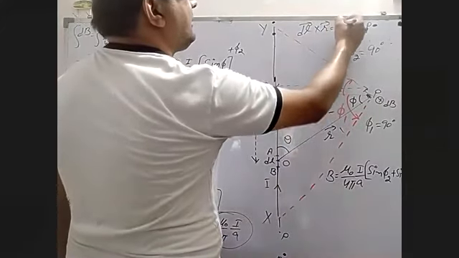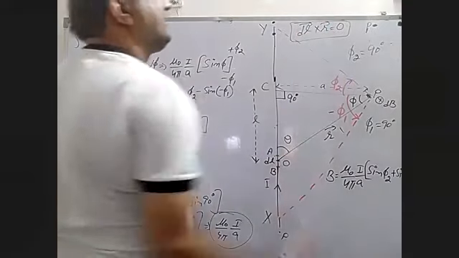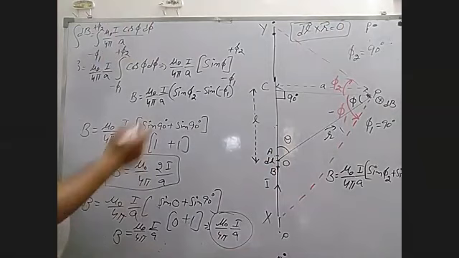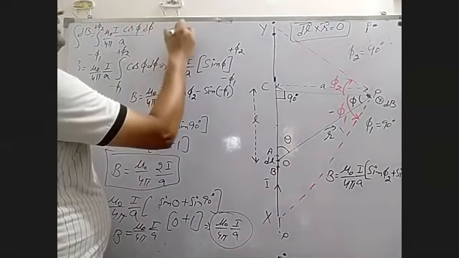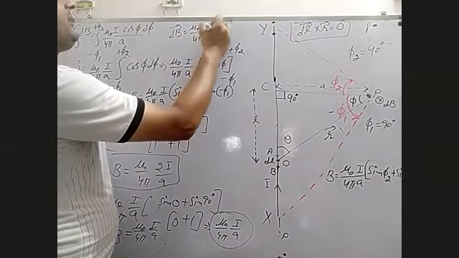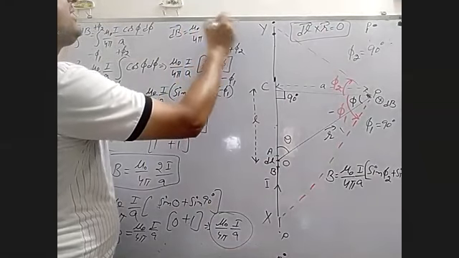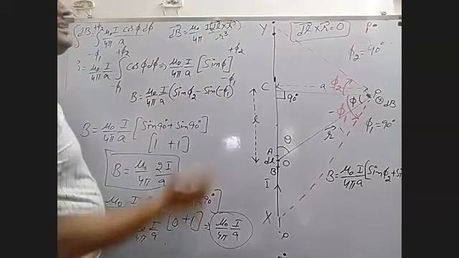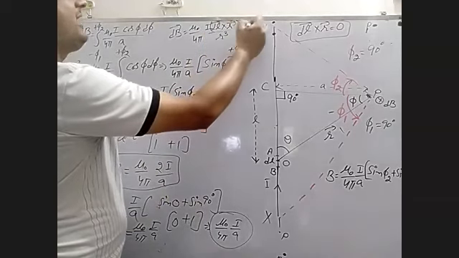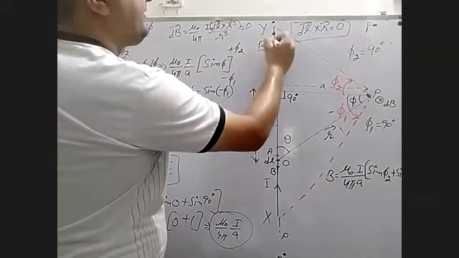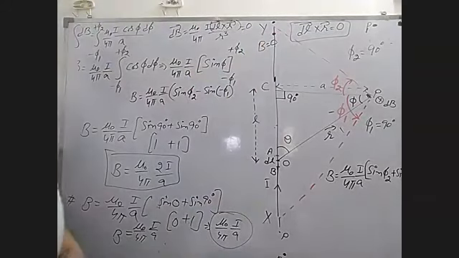So this is the case of parallel. Cross product of DL and R vector is equal to 0. And you know very well, DB vector is equal to mu naught upon 4 pi I dl cross r upon r cube. This is 0, then everything is 0. So no magnetic field is there. Magnetic field value is 0 there.